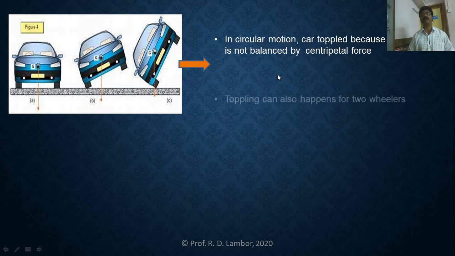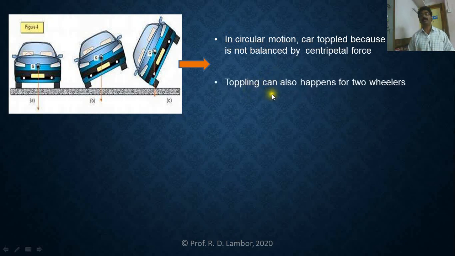What happens to the two-wheeler? Toppling can also happen for the two-wheeler. And we have seen any two-wheeler rider or a racing car. On that racing track, there are a number of sharp turns.